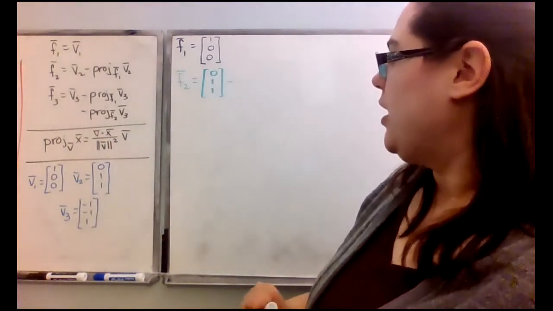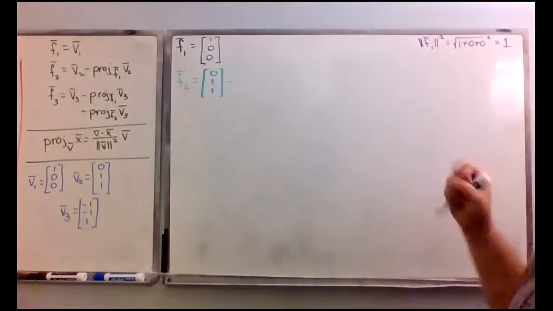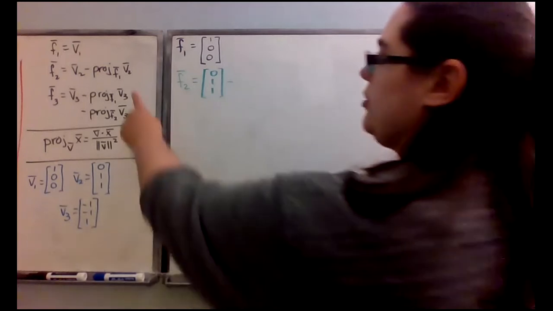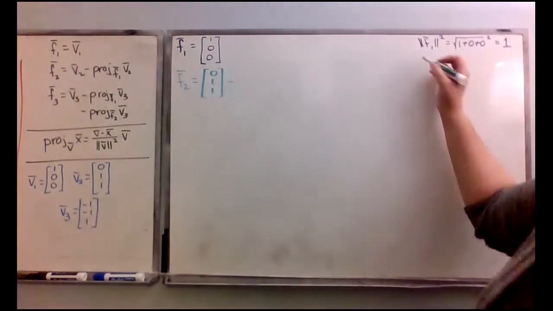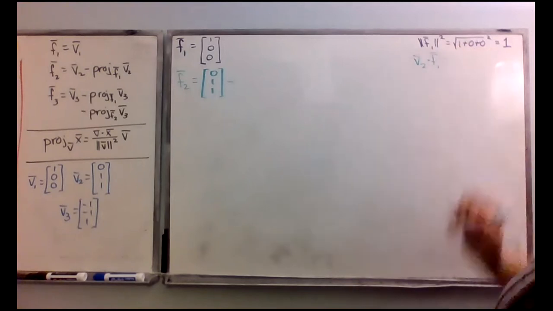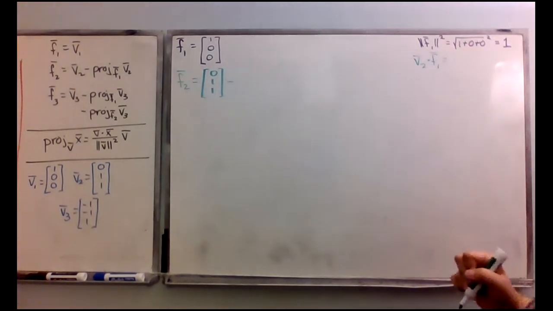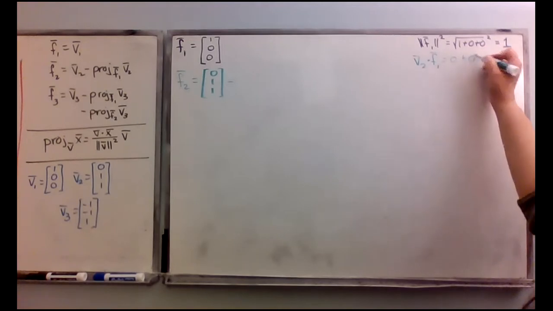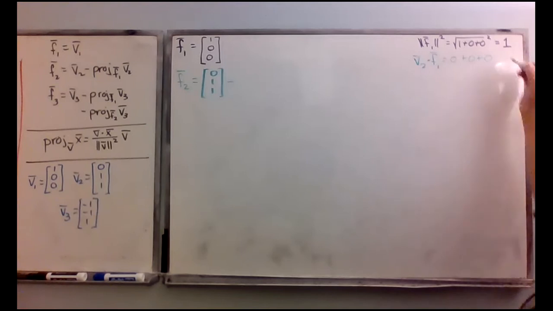Off on my side here, I'm going to do the dot product of V2 with F1. So I'm going to do V2 dot F1 off on the side. So that's going to give me 0 plus 0 plus 0.